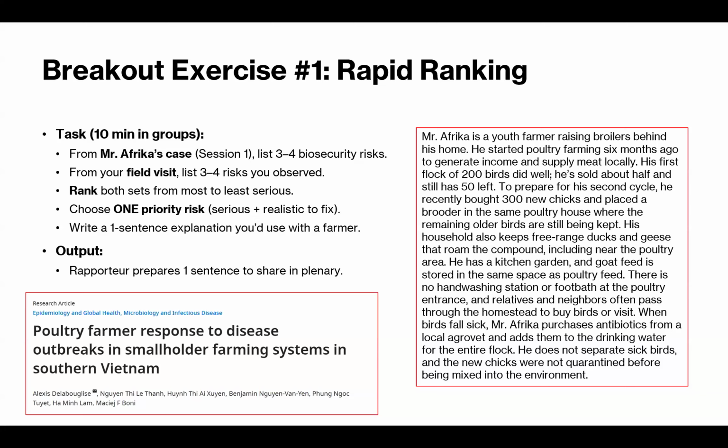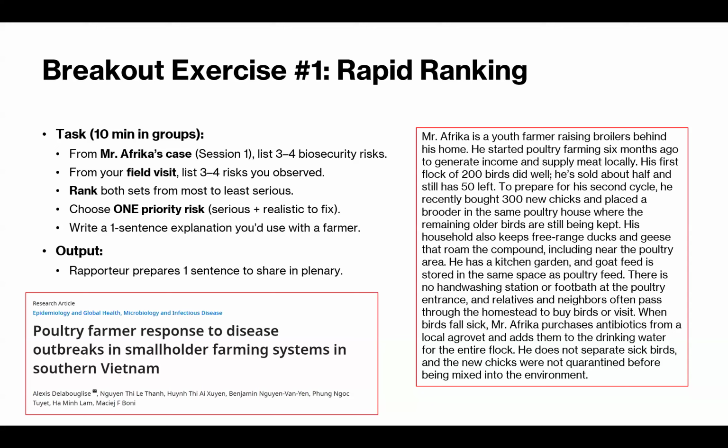Group 3, please, you have the floor. The priority risk is high visitor traffic without biosecurity control.